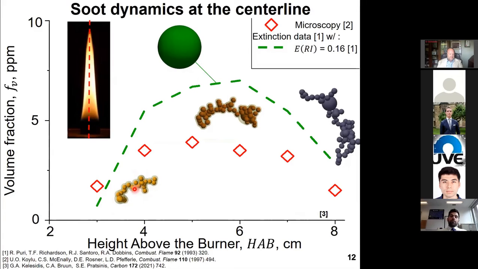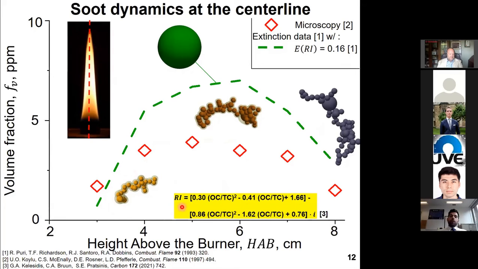Of course, as we go up in the flame, the young soot aggregates gradually mature, and the organic carbon is gradually oxidized. So in order to account for the evolving soot maturity and organic carbon content, we used the refractive index relation that I presented yesterday at the ETH nanoparticle conference and we recently published in Carbon.